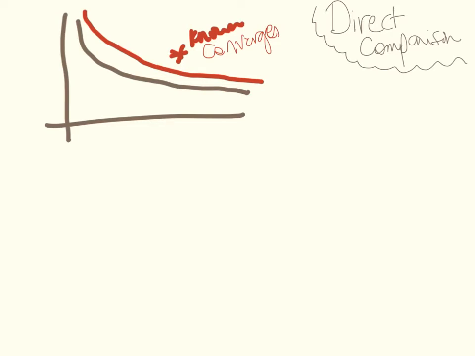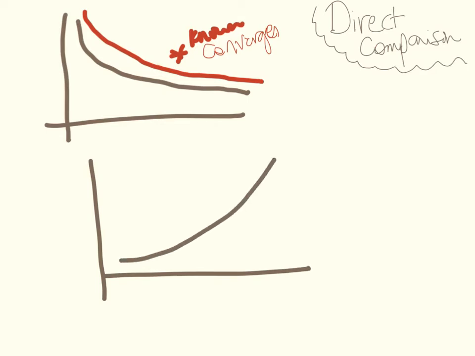However, we have the same scenario, and I'm going to draw a very similar graph. And this one, the series seems to be diverging. We don't actually know, but that's what it appears to be. If my known series is smaller and does diverge, and maybe it's known, maybe it's a p-series, maybe it's a geometric.